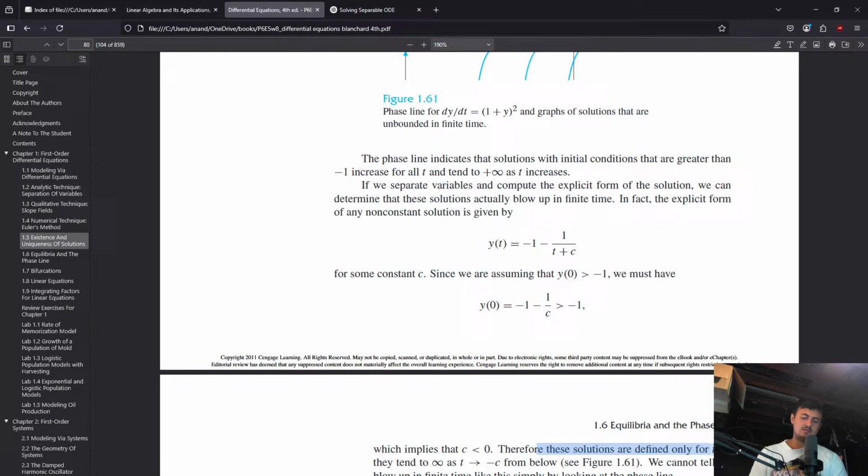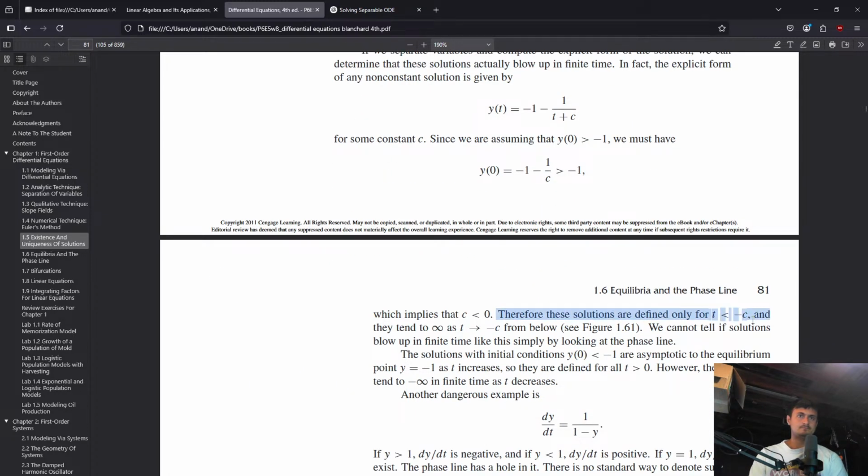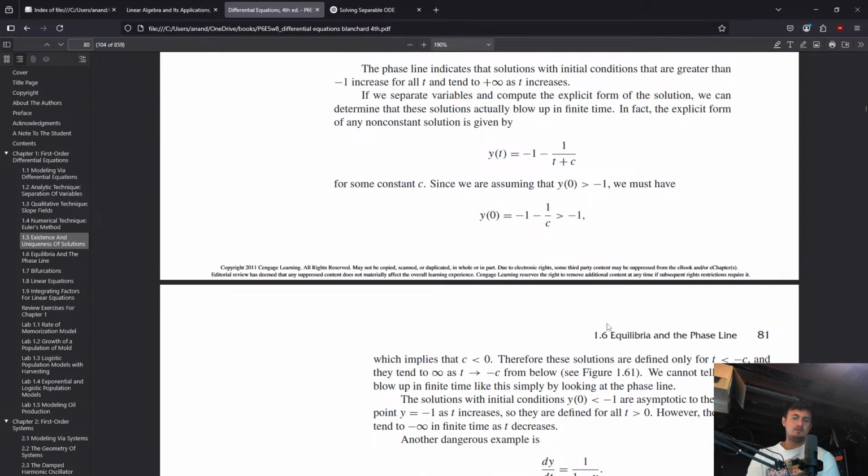So t is defined for minus infinity to 1. But if it's greater, why can't it be greater? Let's say t.